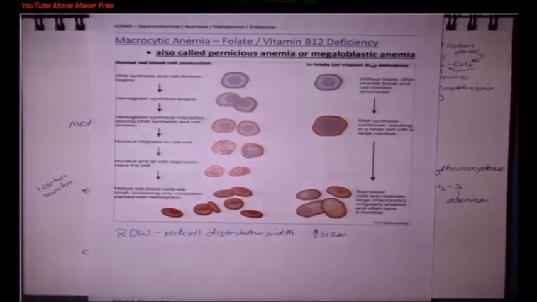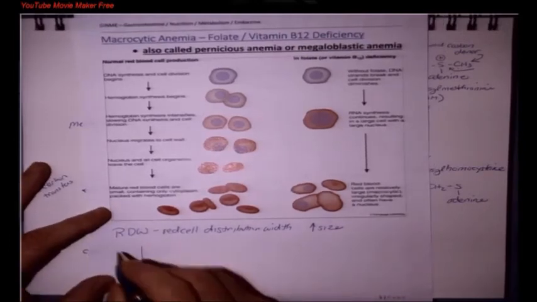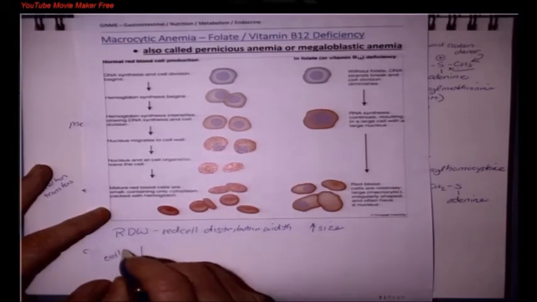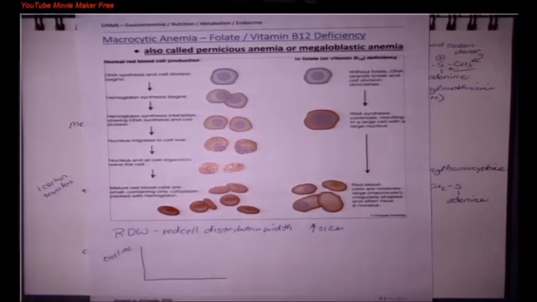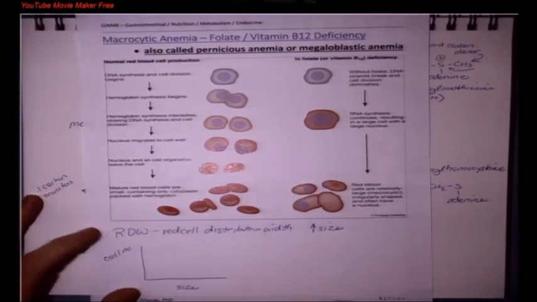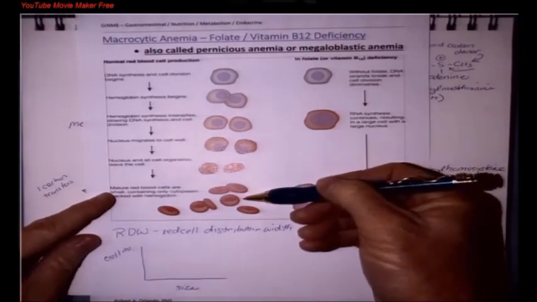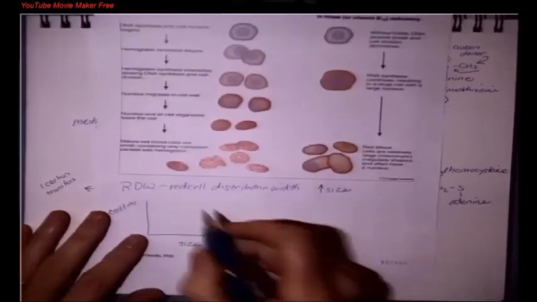Now you can imagine if you take your red blood cells and you put them through a sizing measure, a way to measure the size of the red blood cells, what you would see on a graph is cell number. So you're going to count the number of cells that are of a particular size. And if you have uniform red blood cells that have been properly developed, this should be like this.